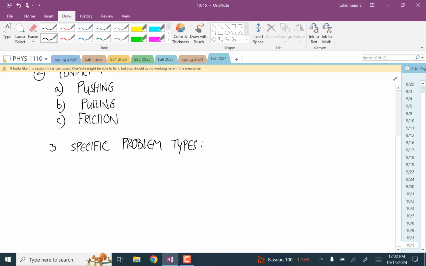The first one was collections of bodies with the same accelerations.